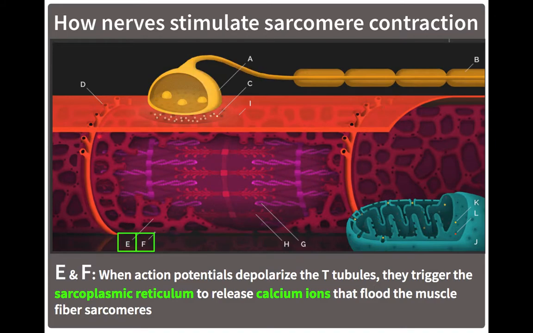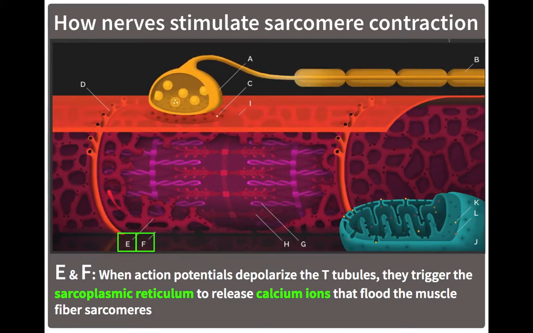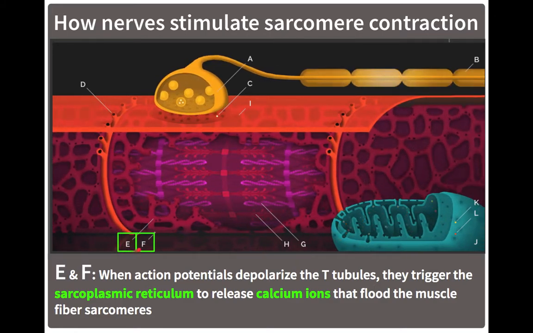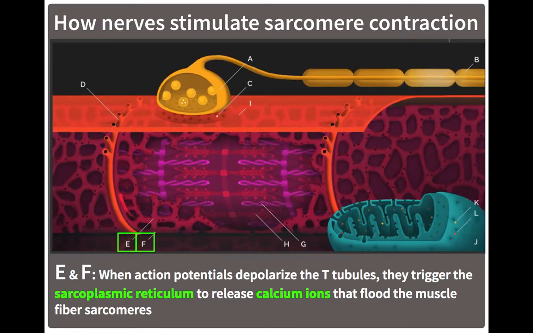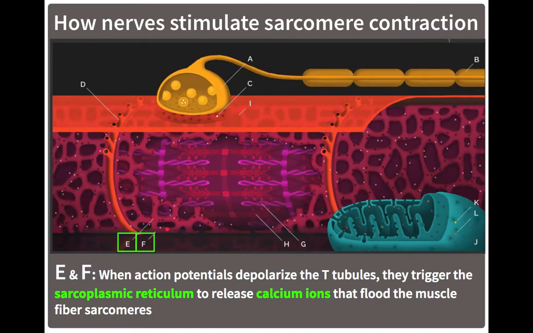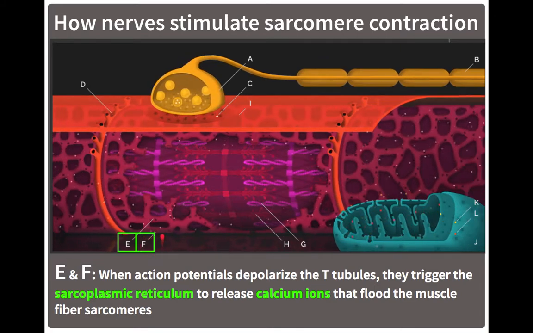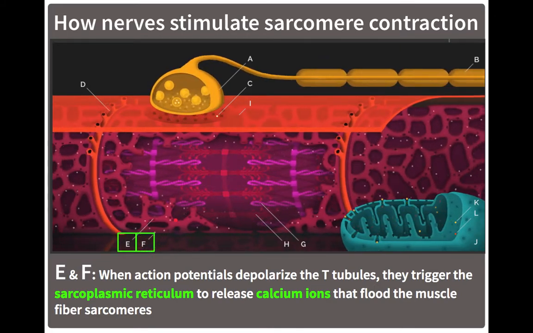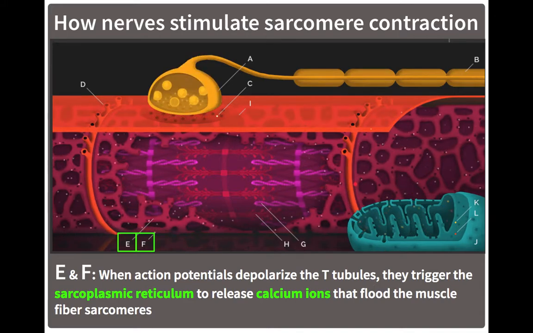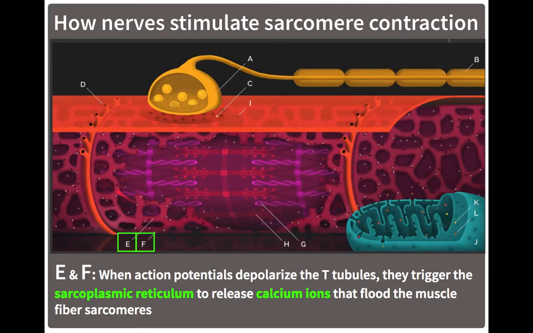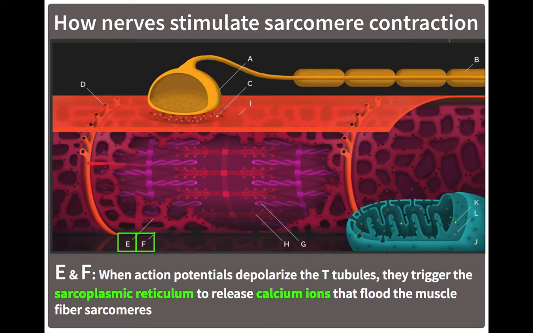And so you can see that flash of light is now going to travel down the T tubules through the sarcoplasmic reticulum, which is shown to you here with letter E. And that triggers the sarcoplasmic reticulum to release calcium ions, which are those little white dots labeled with the letter F. So now calcium ions are going to flood this entire sarcomere here, and the next sarcomere, and the next sarcomere. So all the sarcomeres along the entire length of the muscle fiber are flooded with calcium.